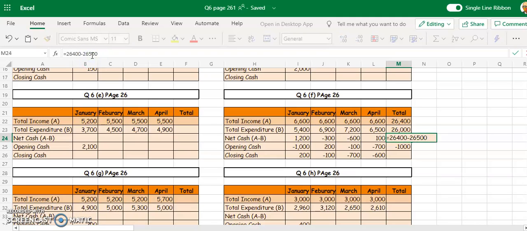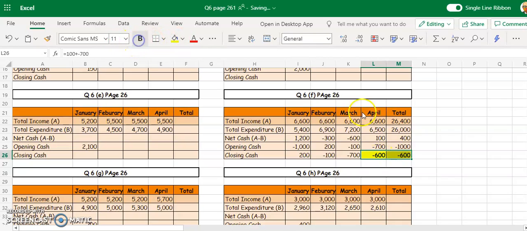So you get 400. So our net cash is 400. Our opening cash is minus 1,000. So you're going to add them together. So equals 400 plus minus 1,000. And that's going to give us minus 600. So remember, these two figures must be the same. If they are, you know you've done it correctly.